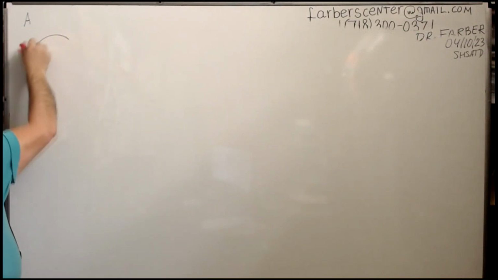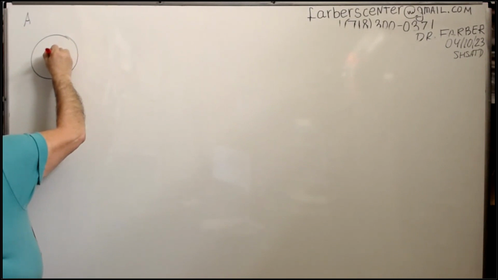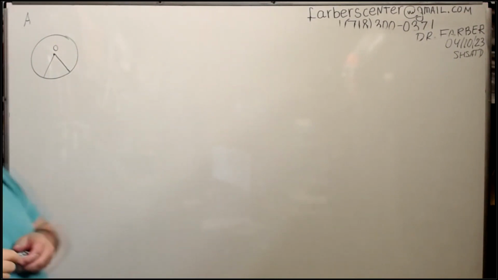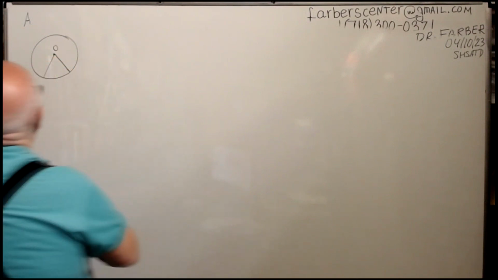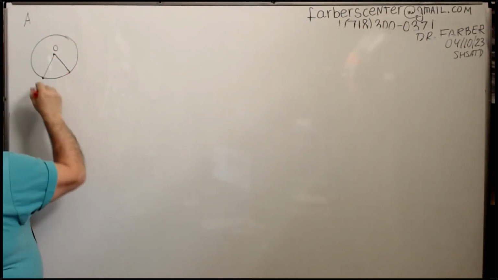We have a circle. And this is the center. I use a different color. And this is arc AB.